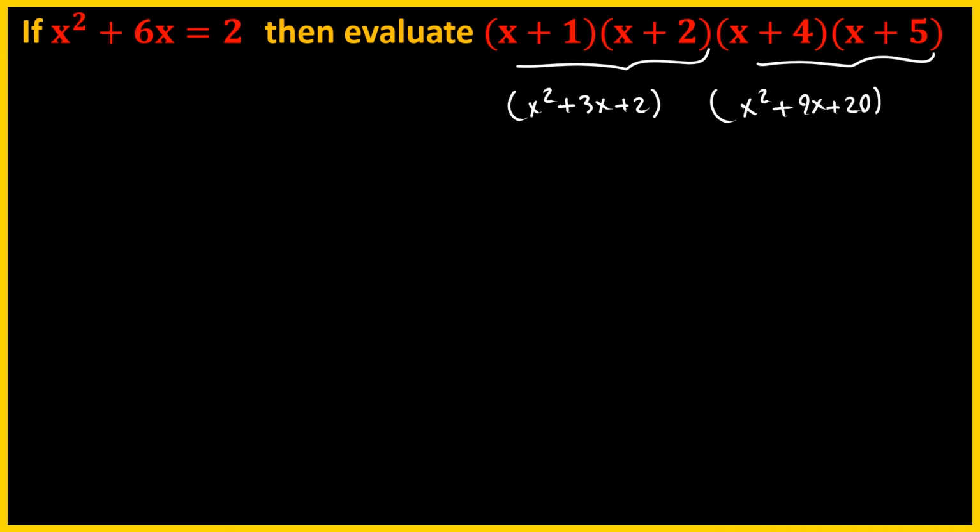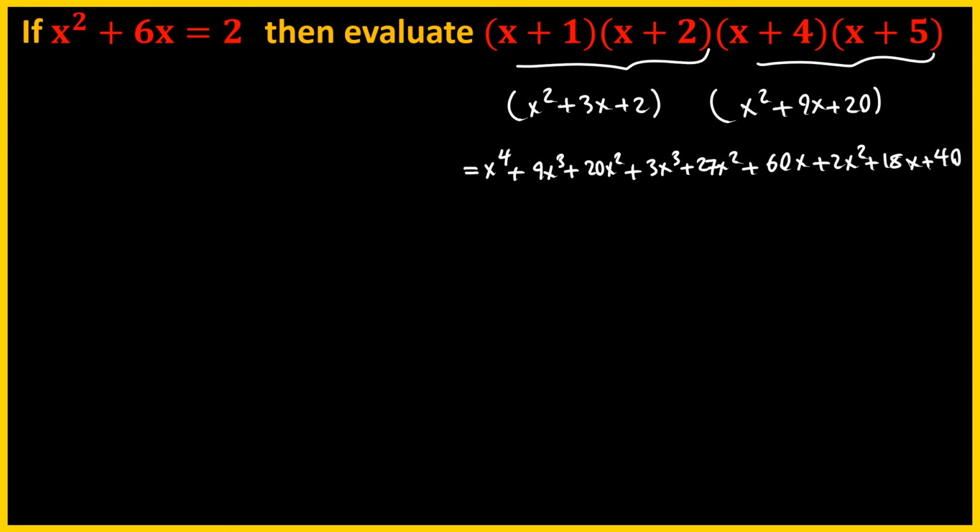And then, if we multiply these two quadratic expressions, we should get x to the fourth plus 9x cubed plus 20x squared plus 3x cubed plus 27x squared plus 60x plus 2x squared plus 18x plus 40.